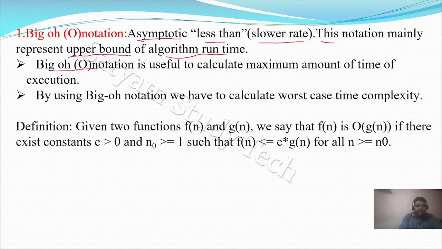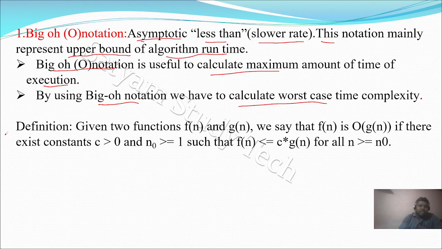Big O notation is useful to calculate the maximum amount of time of an execution. That particular algorithm takes the maximum amount of time. By using big O notation, we calculate the worst case time complexity.